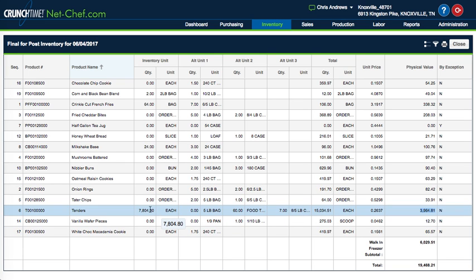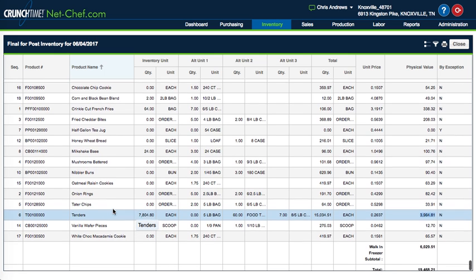If they had zeroed out those 7,800 pieces on the each, it would have reduced this by about $2,000, and that was almost our entire variance that we were missing on chicken tenders. So just when you're reviewing your inventory, that's one of the things you can spot: hey, when I hit by exception, did those critical items automatically populate some numbers here in the each category? So you can see it's on tenders.